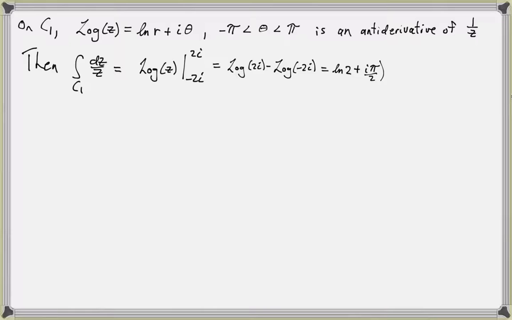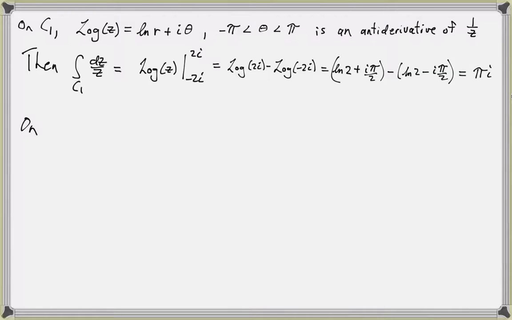This is the evaluation of log of 2i for the principal branch, minus natural log of 2 minus i times pi over 2. So the argument of negative 2i would be negative pi over 2. And so when we combine these, we get pi i.